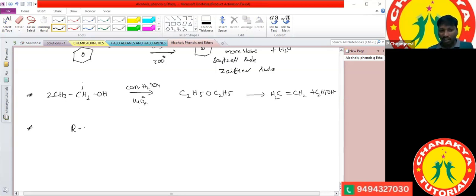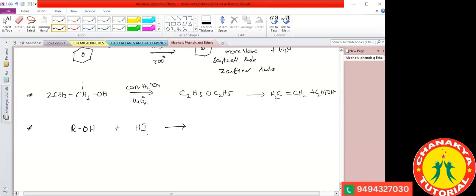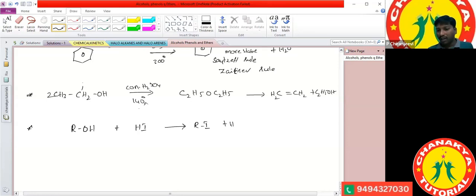For example, if the alcohol is treated with hydrogen halide, that means hydrogen iodide, what is the product formed? RI, very good Samhita. It forms RI plus H2O. Again, if the alcohol reacts with PCl3, what are the products?